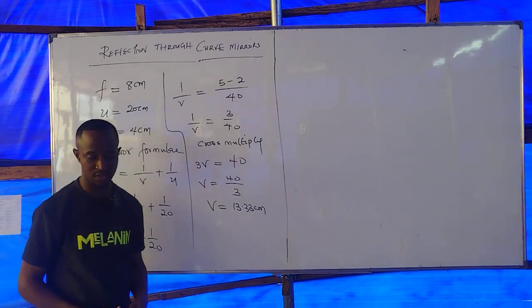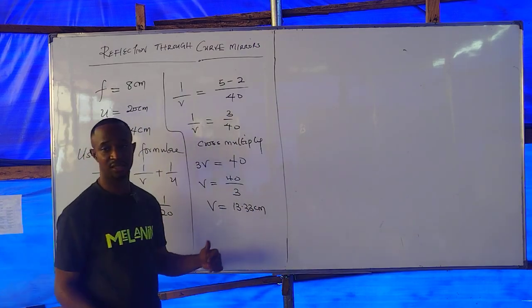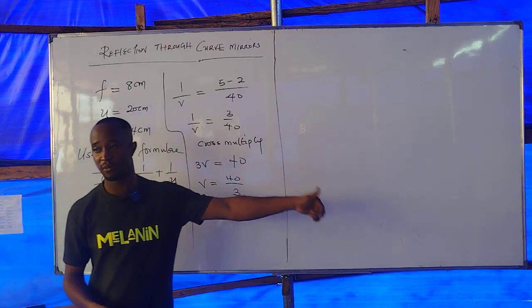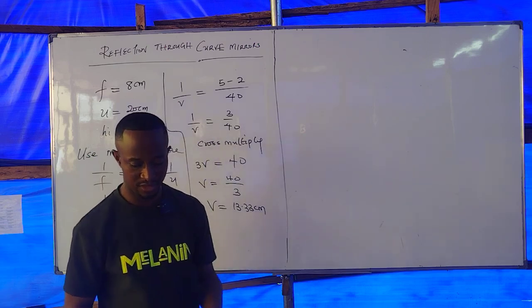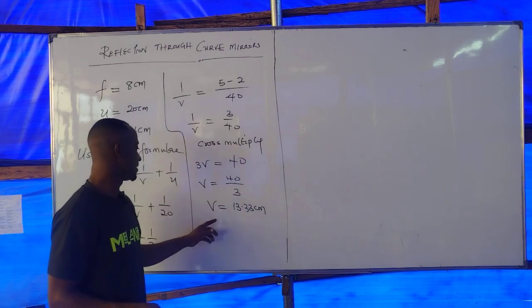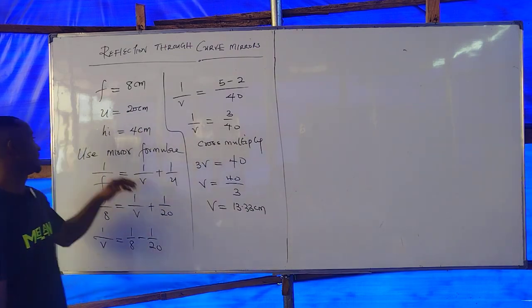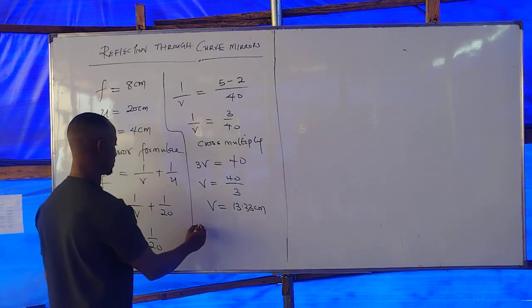So the question says location of the image. You can tell me the answer. It is 13.33 centimeter away from the pole of the mirror. Your V represents the image distance, your U represents the object distance. Are you getting this? Then number 2 says what?